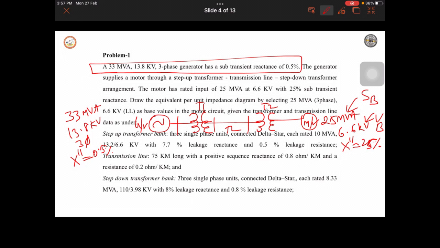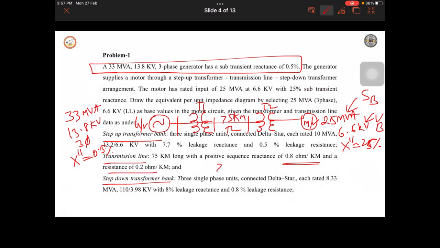Now the step-up transformer, transmission line and step-down transformer ratings are clearly mentioned. The transmission line is 75 kilometers, and the positive sequence reactance is 0.8 ohms per kilometer, and resistance is this much.